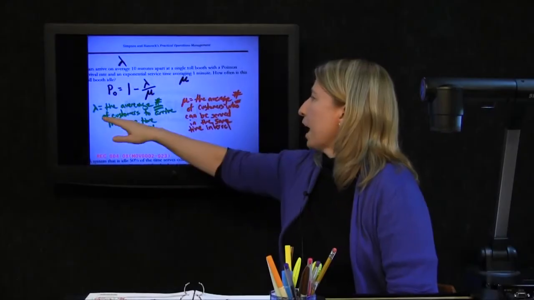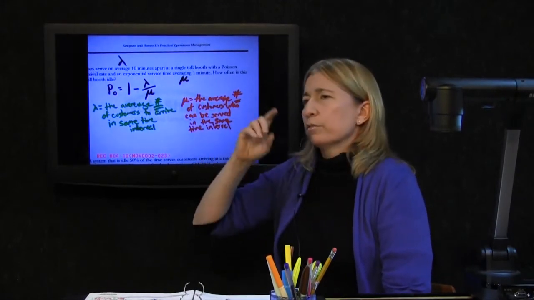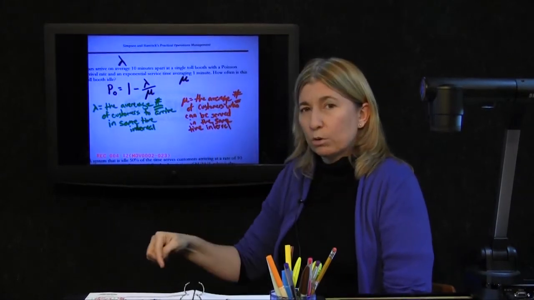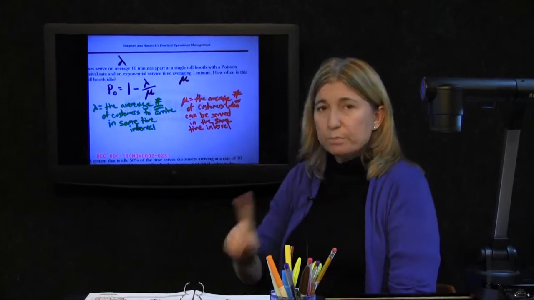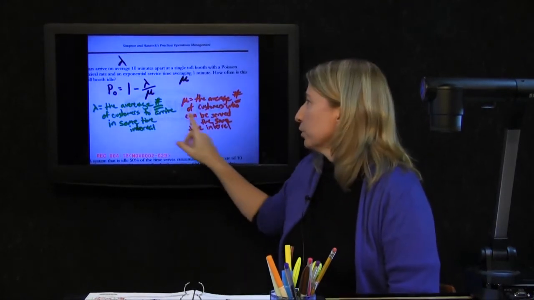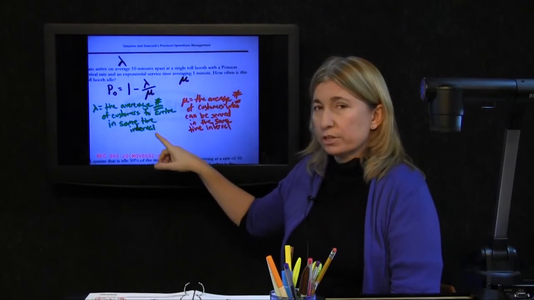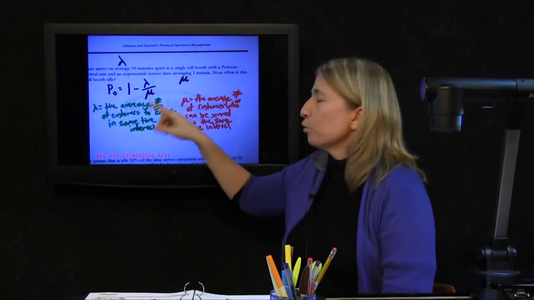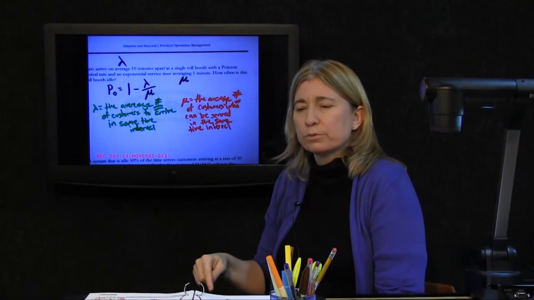So if lambda is speaking about an average of so many customers an hour, mu needs to be speaking of so many customers an hour. The time interval needs to match between them because they're siblings. They're both counts, like head counts.